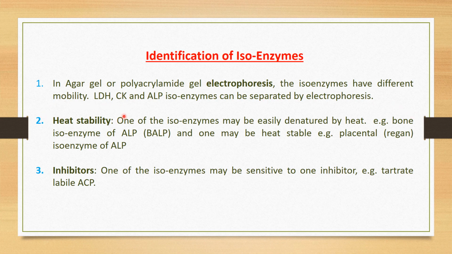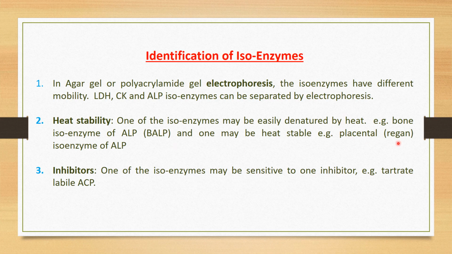Heat stability. You know that all enzymes are protein in nature, and protein may denature due to heat, isn't it? But some proteins are more sensitive towards heat, so they denature easily. Example, bone alkaline phosphatase. Some may be relatively heat stable, so they need more temperature to denature.